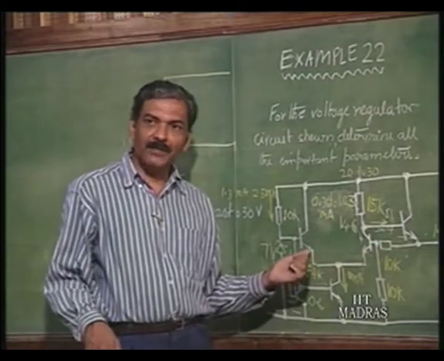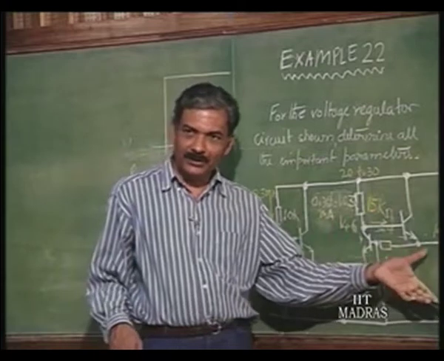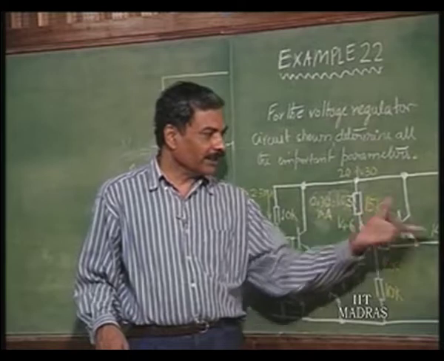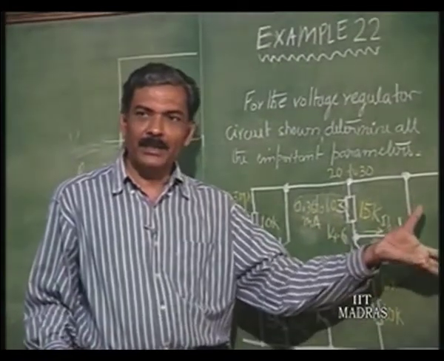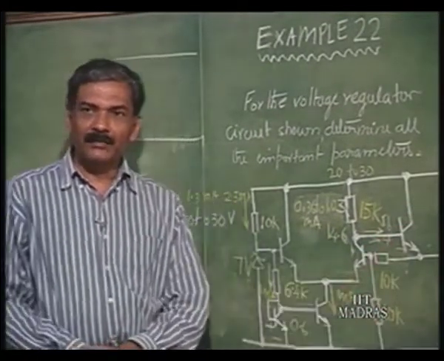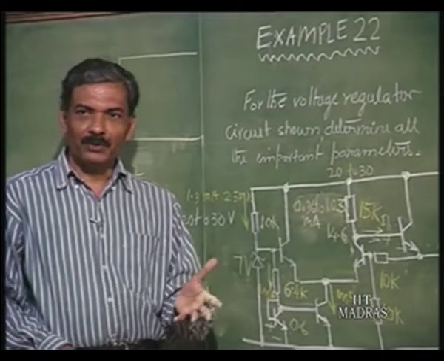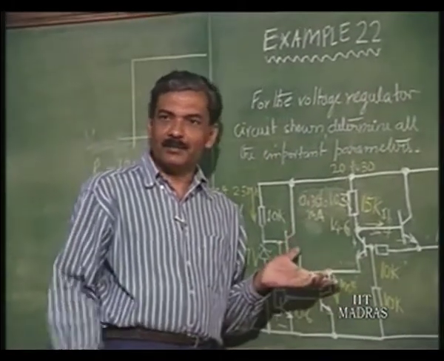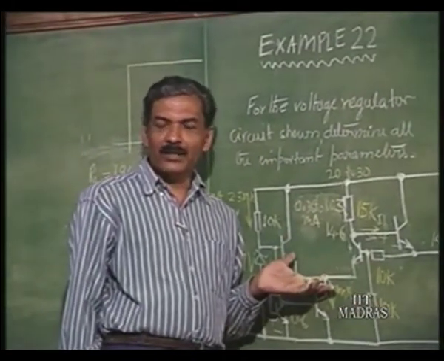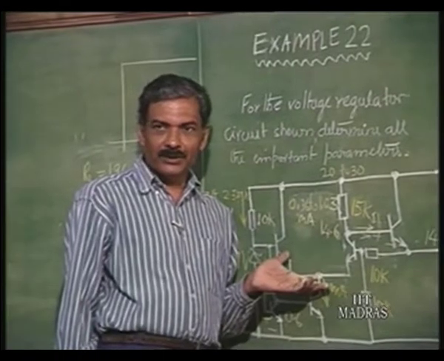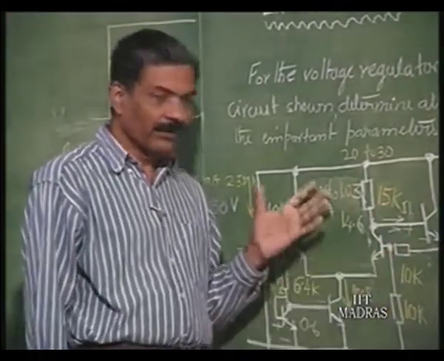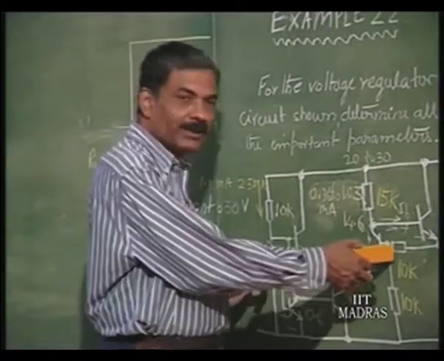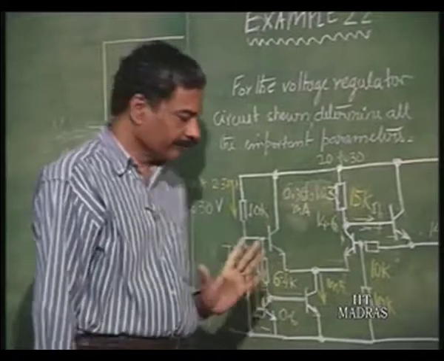So, the error voltage keeps changing as the load changes, because the operating point keeps shifting. So, the error voltage keeps changing, and therefore, that error voltage variation will appear at the output as the variation in the output voltage. Okay. So, that you have to determine experimentally physically, because this is a nonlinear phenomena here. Voltage is the load current is varied over a large range, and the operating point keeps shifting, and we have to find out how much the error voltage changes.